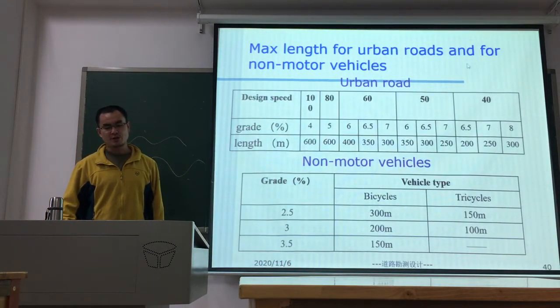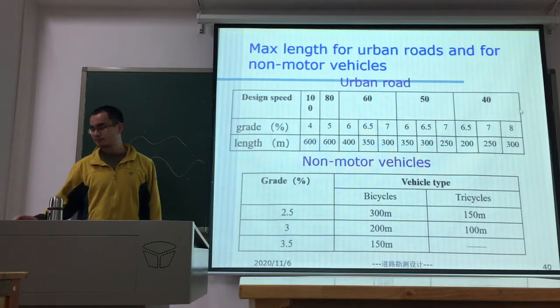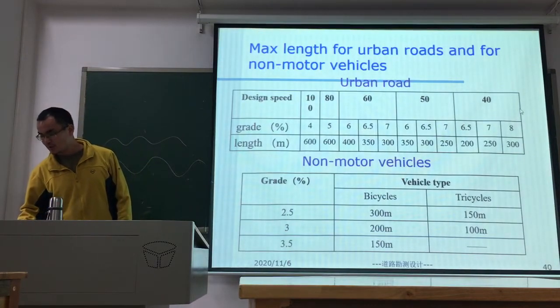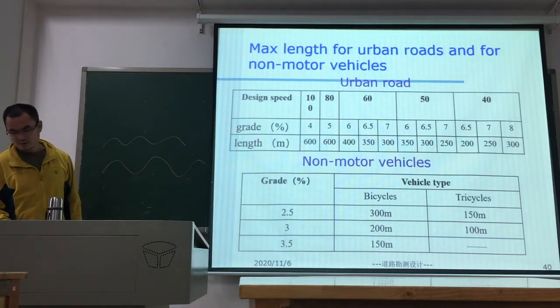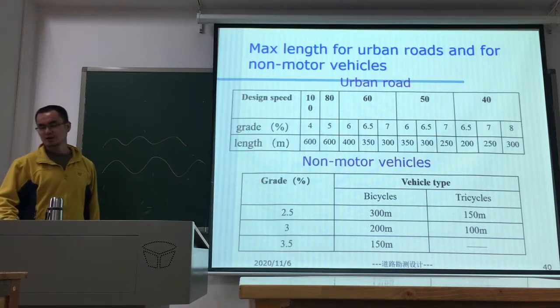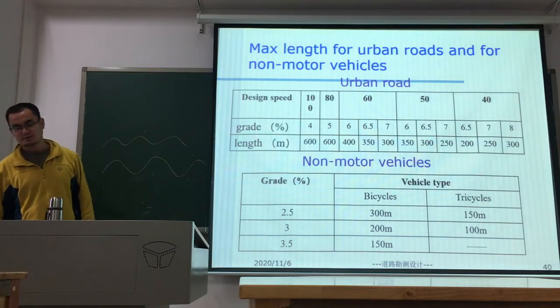Maximum length for urban roads and for non-motor vehicles, such as bicycles. This is the table, Table 3.8.